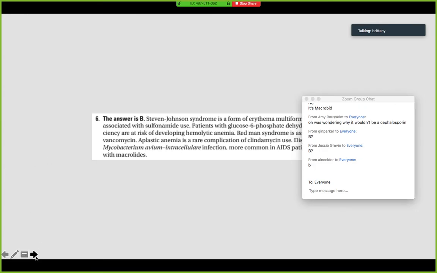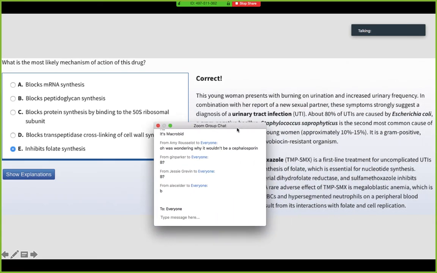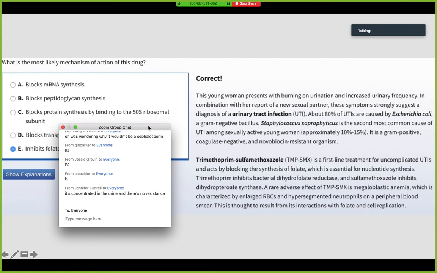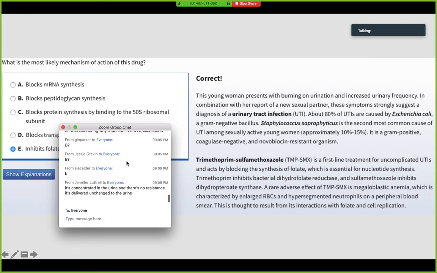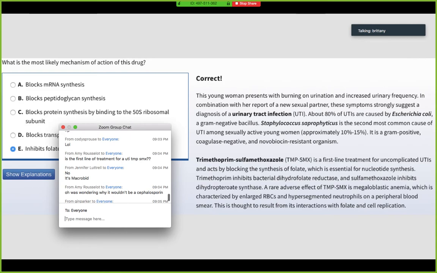Right, so the correct answer here is B, Stevens-Johnson syndrome. Okay, so let's back up a second. So the question here is, is the first line treatment for a UTI TMP-SMX?